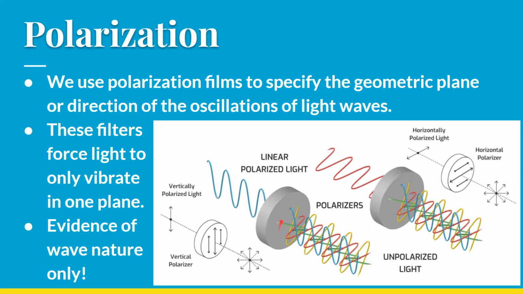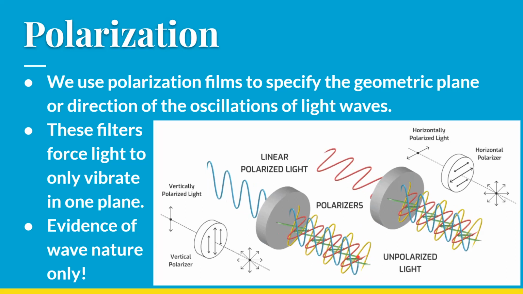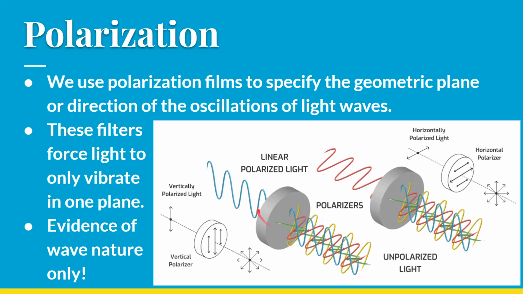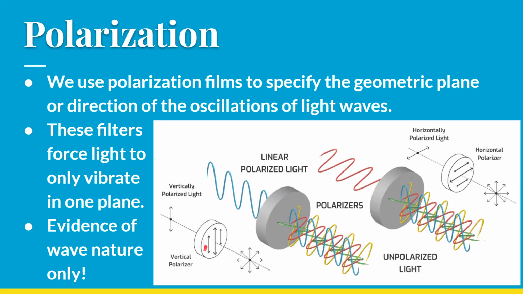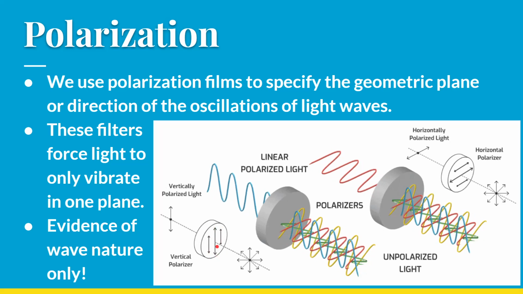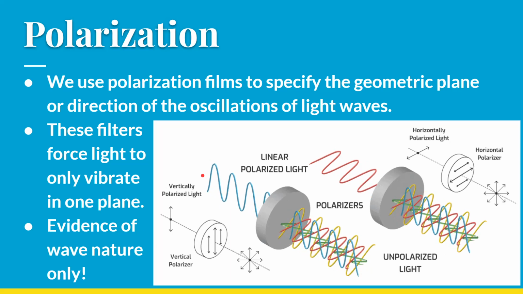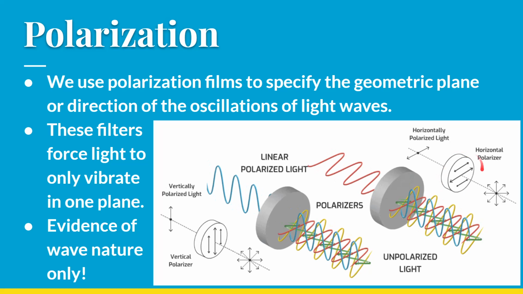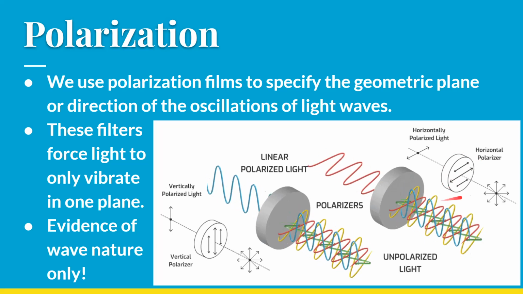This animation here shows unpolarized light, so just the raw light coming from the light source in the room or coming from the sun, and you pass it through one of these polarization films. This one here on the left shows that the direction of the slits in the grating are all vertical, so only the vertical part of the wave passes through. It blocks everything else. This one over here on the right shows horizontal polarization, where only the horizontal waves are allowed through and everything else gets blocked out.